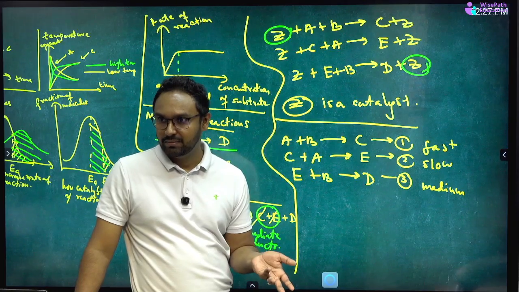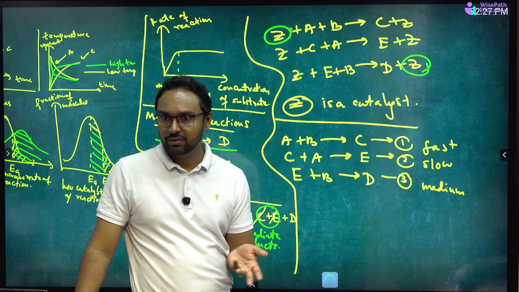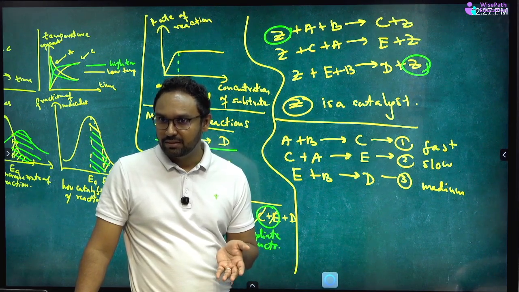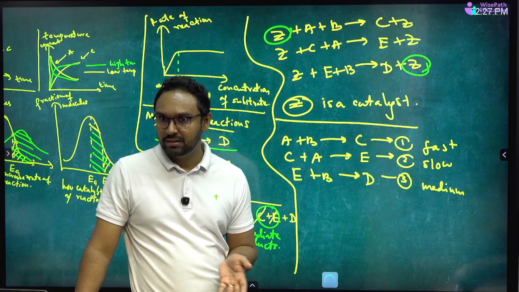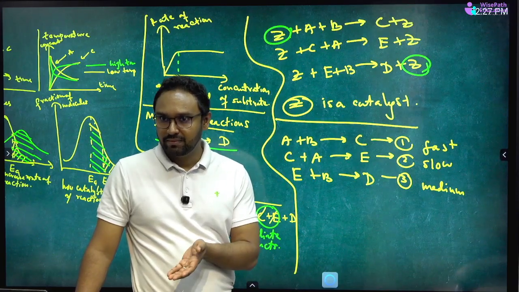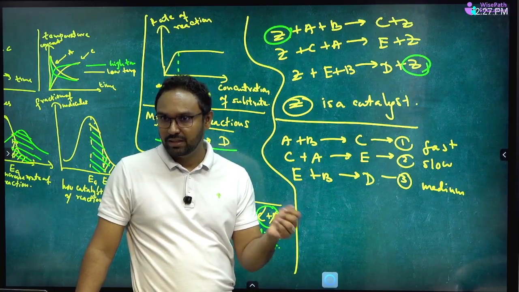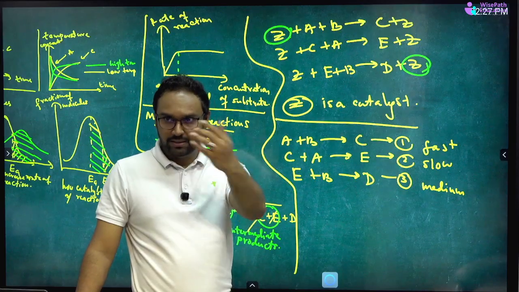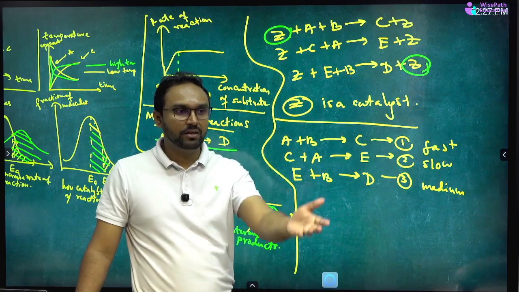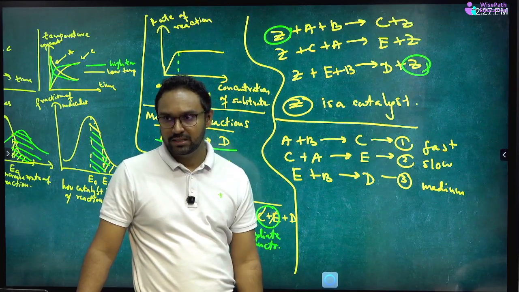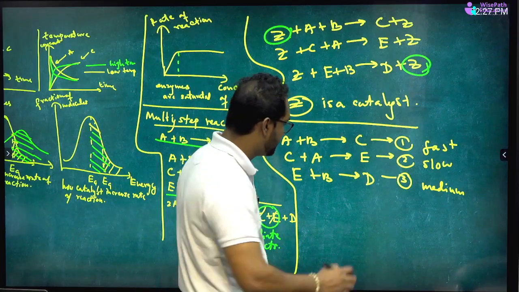The cart, because only one vehicle can go at once. Until the cart finishes its travel, all the others have to wait. So likewise, the rate of reaction is determined by the slowest step.